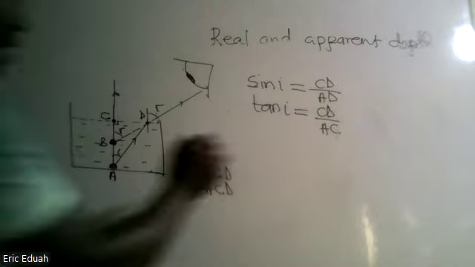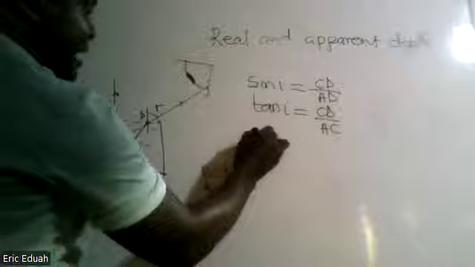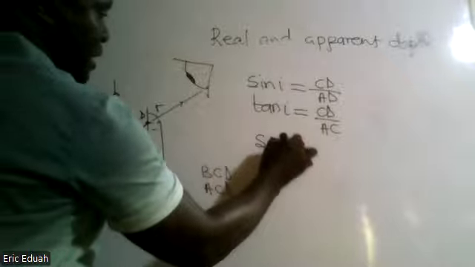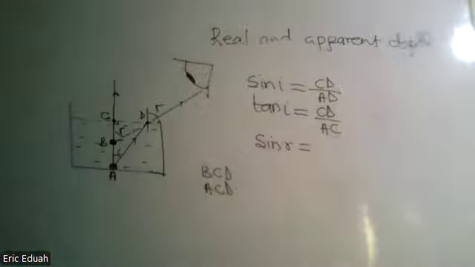Then I want you to help me find sine R. This time R has to do with triangle BCD. You'll find sine R in triangle BCD. So Elizabeth, sine R. CD over BD, sorry. Thank you.